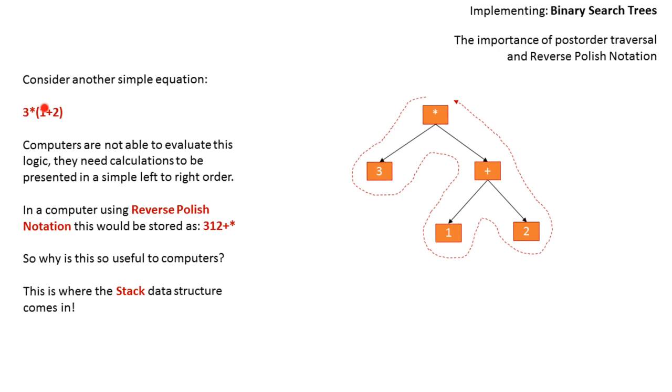Now, exactly how we go from the infix form to this binary tree is going to be explained in more detail in part 2. However, for now what's important to know is the reason that this is useful, having this expression rewritten in reverse Polish notation, is now we can use a data structure called a stack to simply evaluate the expression from left to right. And we're going to have a look at that next.